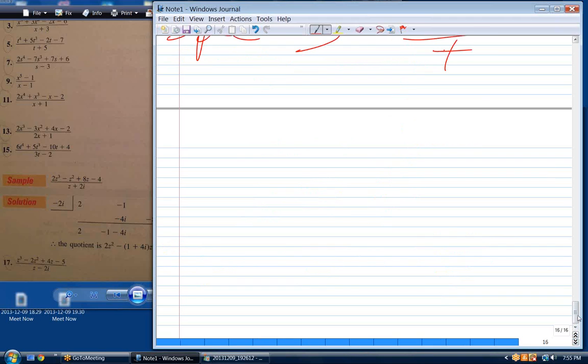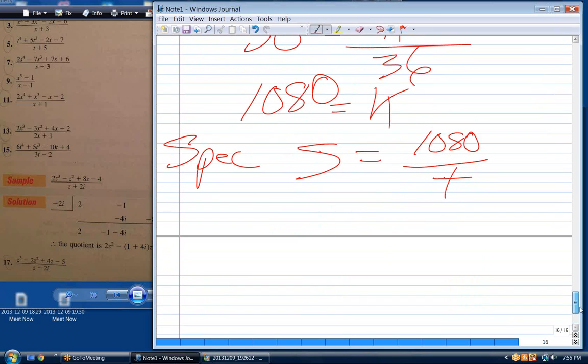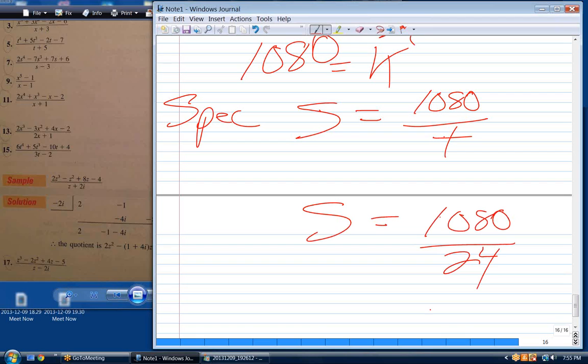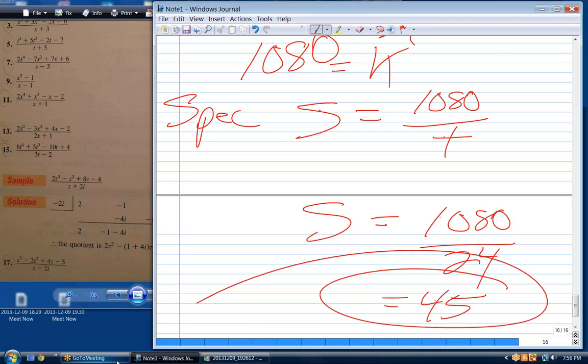And now it says, so what's the speed if there are 24 teeth? So speed equals 1080 divided by 24. That number is 45 rotations per second or minute or whatever it is.